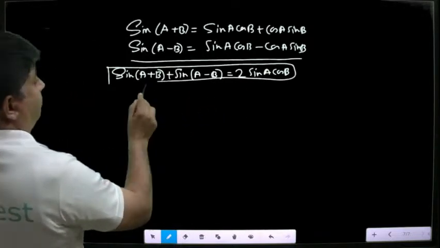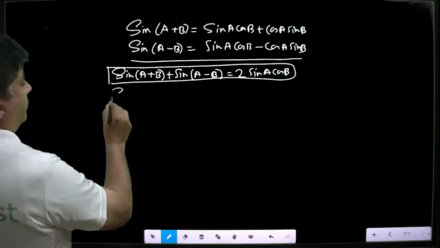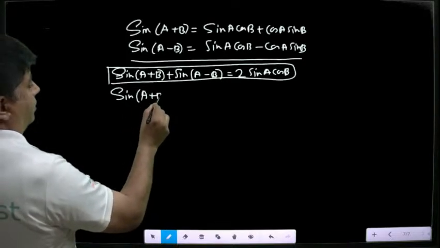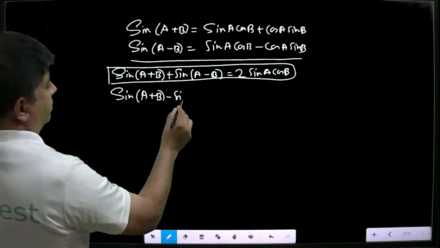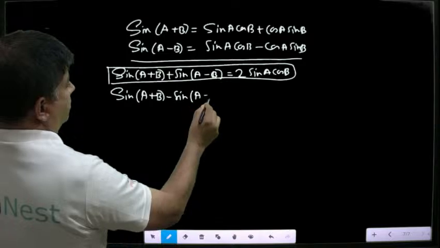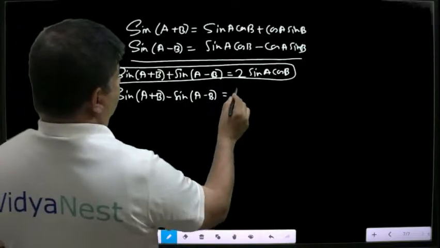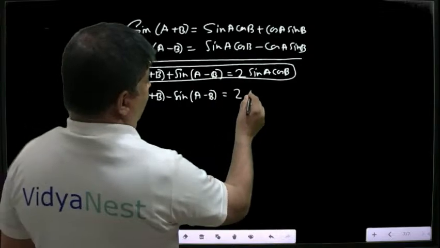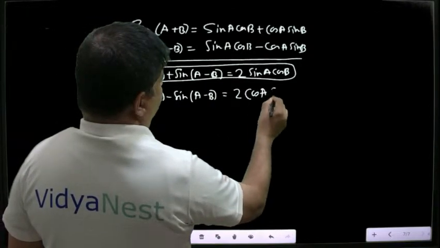But you could have subtracted also. In that case, that portion would have been cut and you would have got 2 cos A sin B.